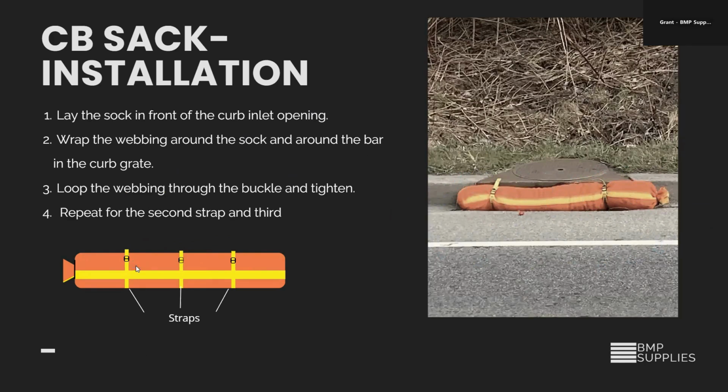Some curb inlets have a middle bar in the middle of their drain. I think Alberta just has 2 bars on the sides. So depending on which one you're working with, you just strap it to the middle of the bar so that it's nice and secure.